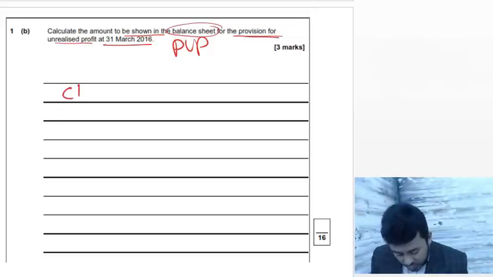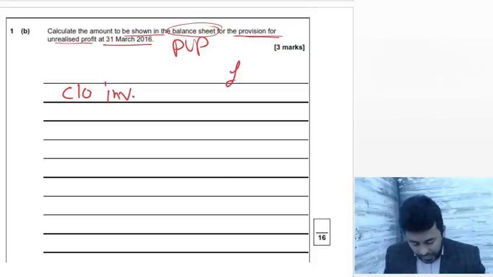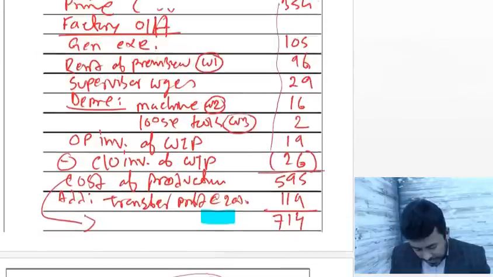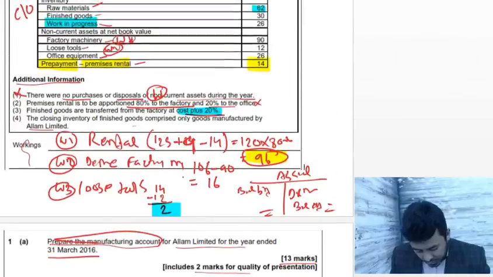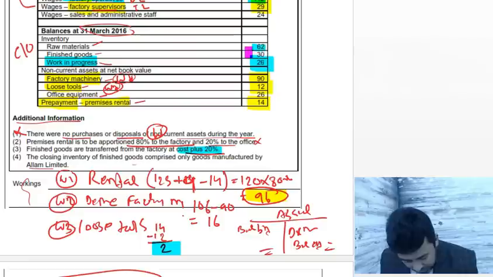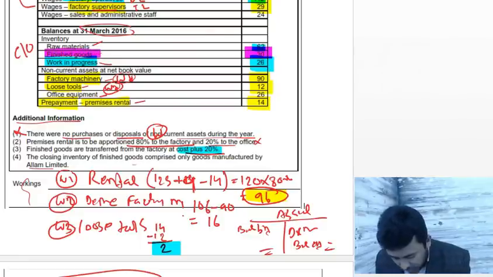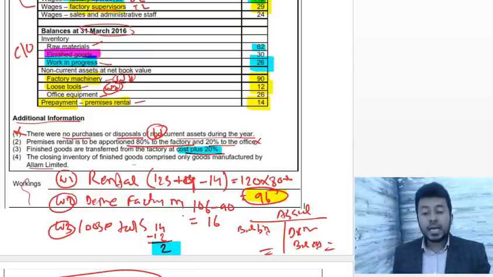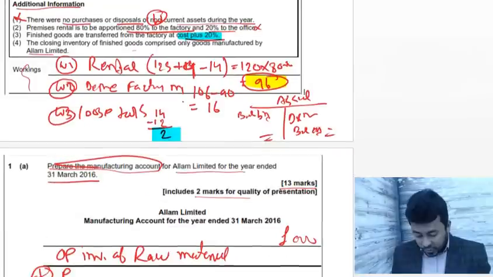So you need to take your closing inventory of finished goods. Okay, I found it over here. It's 30. Finished goods.